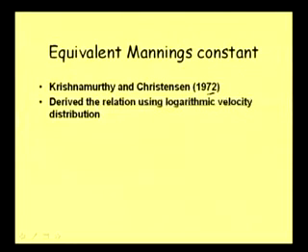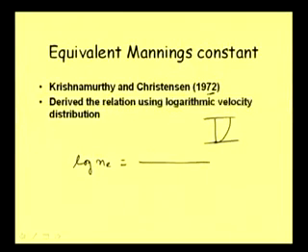That means the velocity distribution is considered as logarithmic, and that way they could get a value that log of Ne is equal to summation of Pi Yi to the power 3 by 2 times log of Ni, divided by summation of Pi Yi to the power 3 by 2, where Yi is nothing but the flow depth. So that way different formulas were developed.